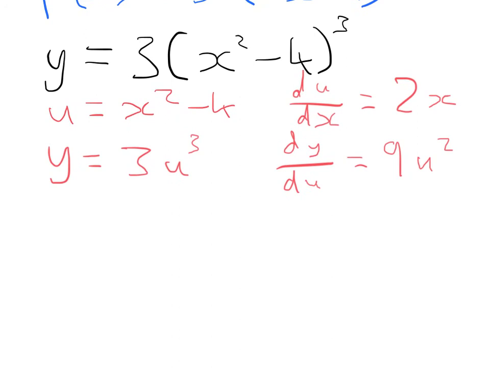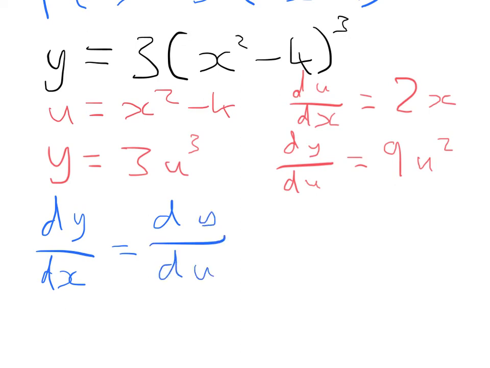And so to find dy over dx, well, that's going to be this. If we go dy over du times du over dx, we can cross out the du's.